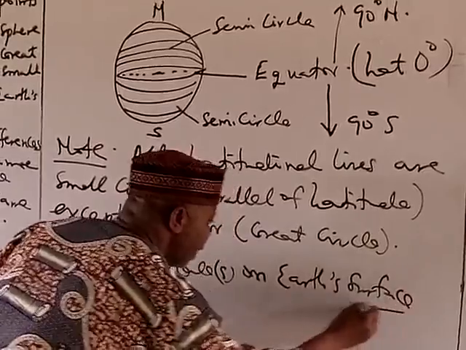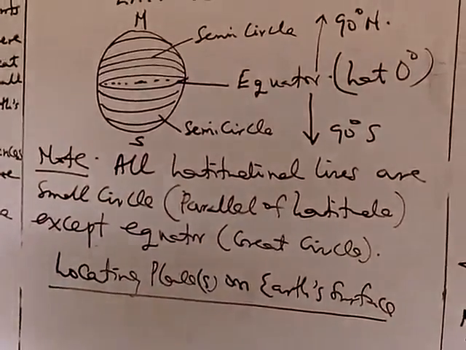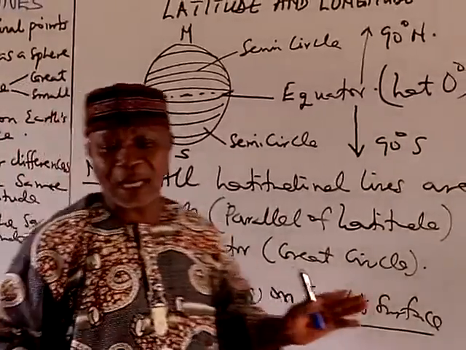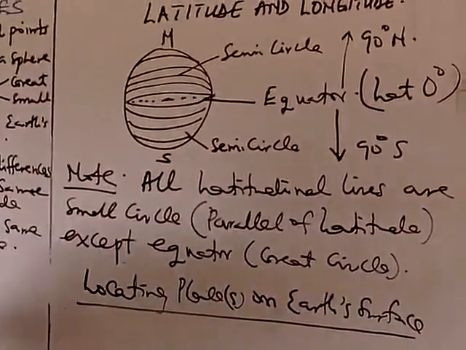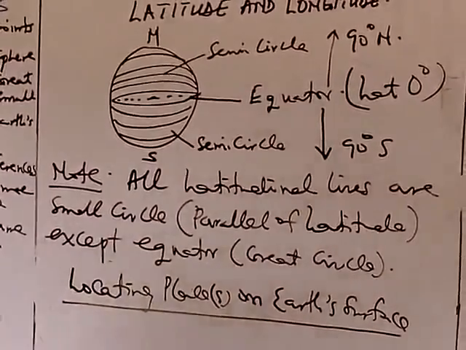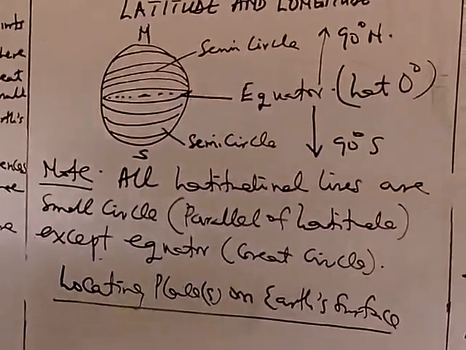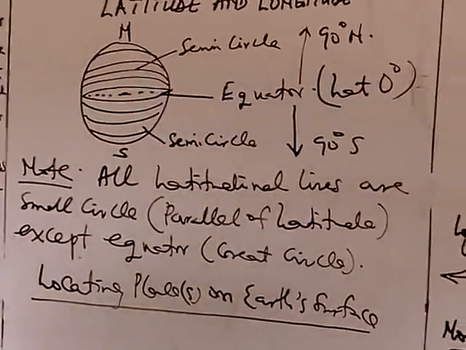This is very, very important. The moment you don't know how to locate places on the earth's surface, it means you won't be able to draw the necessary things under the longitude and latitude.